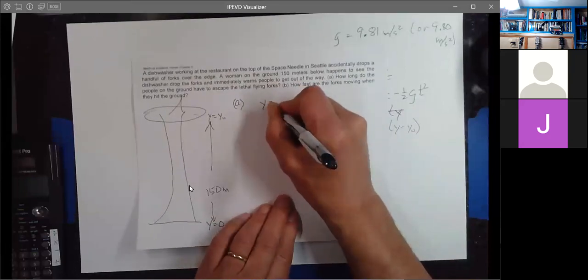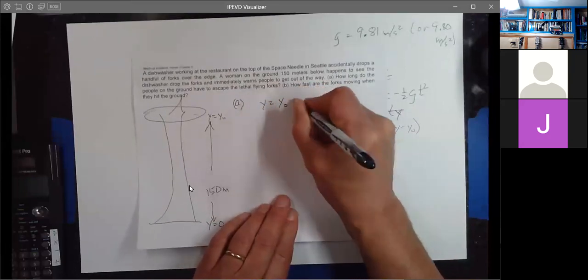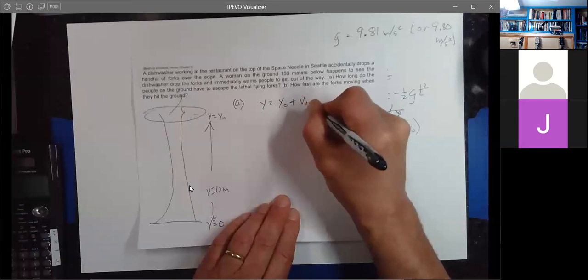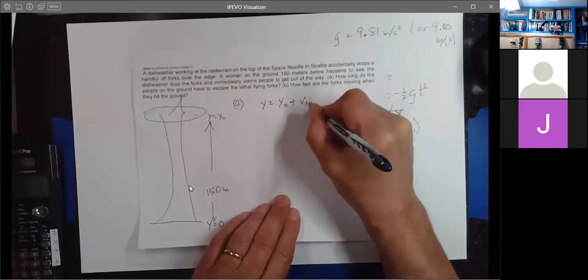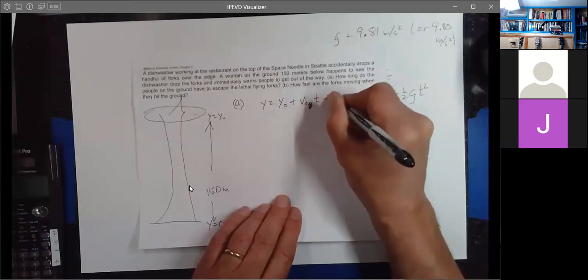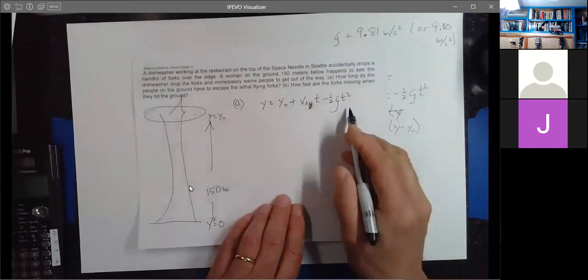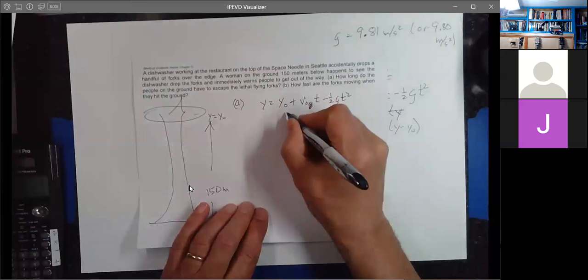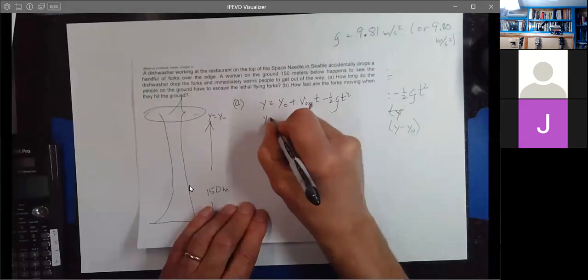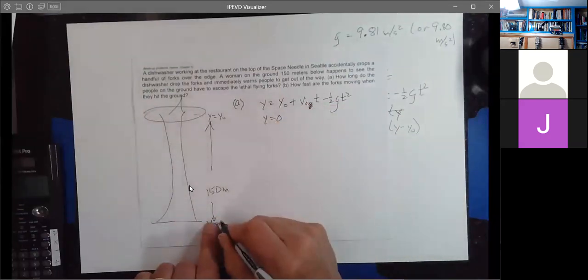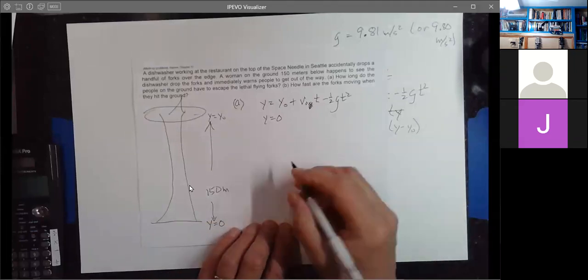So y equals y naught plus v naught, minus 1/2 g t squared. Now, my unknown is t, but I know some stuff in here. I know that y is equal to 0 when it hits the ground, so that'll be part of it.